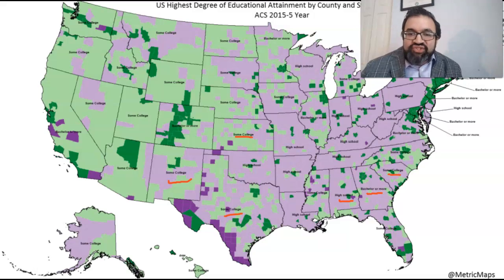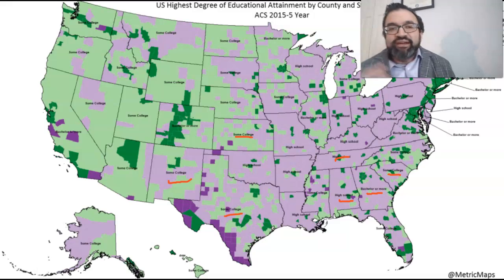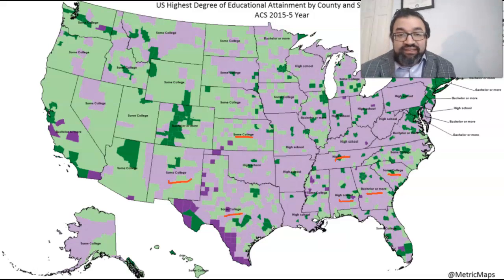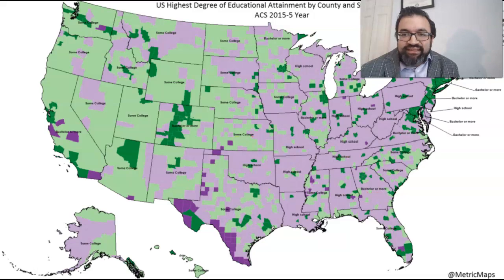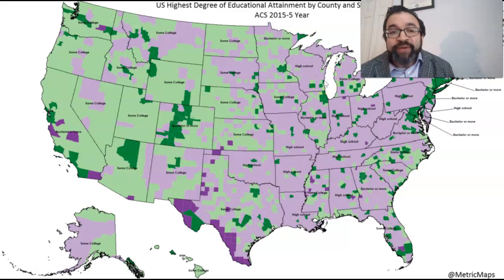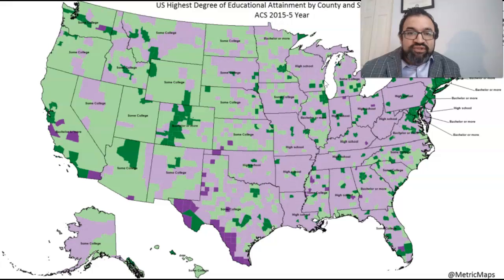What I'm trying to show you is that even though on an overall level about 70% of the people have at least some college education, you have pockets within the country, geographical locations, where there can be more improvement in educational attainment.